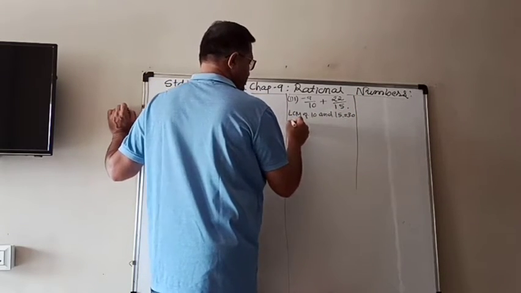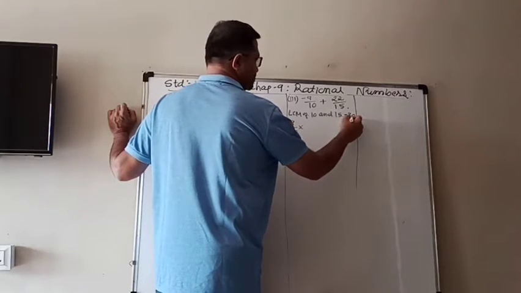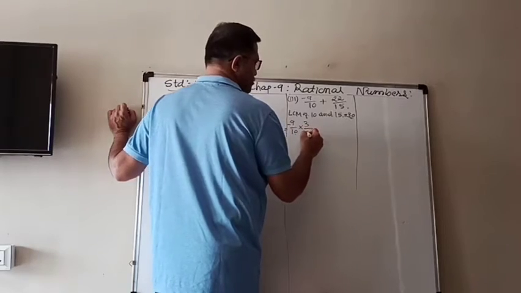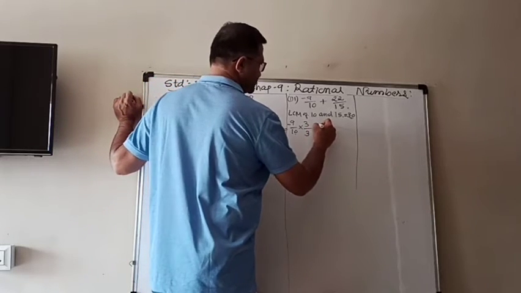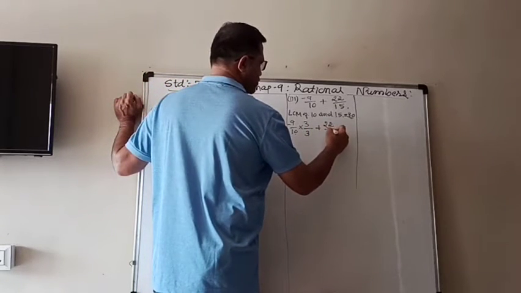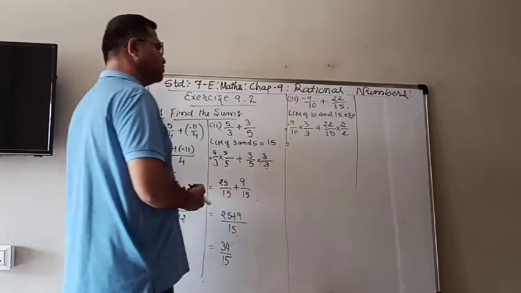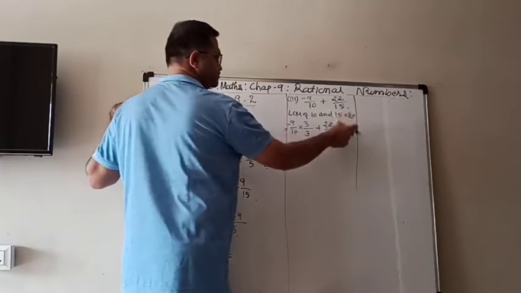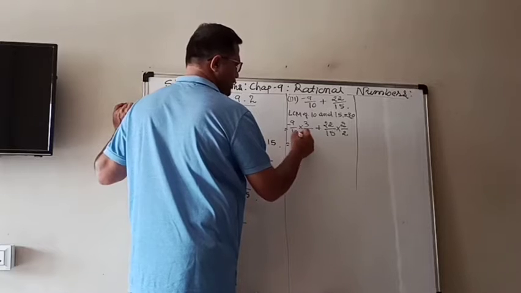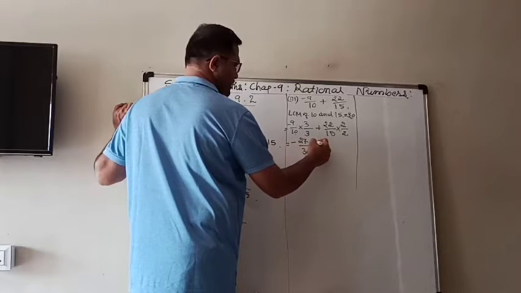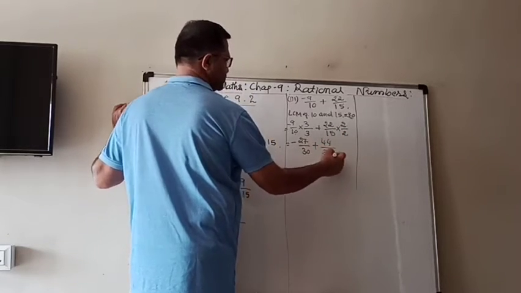So now minus 9 upon 10 multiplied by, to make it 30, 10 3s are 30, so we multiply it with 3 upon 3, plus 22 upon 15, 15 2s are 30, so we multiply by 2 upon 2. So here minus 9 3s are 27 upon 30 plus 22 2s are 44 upon 30.